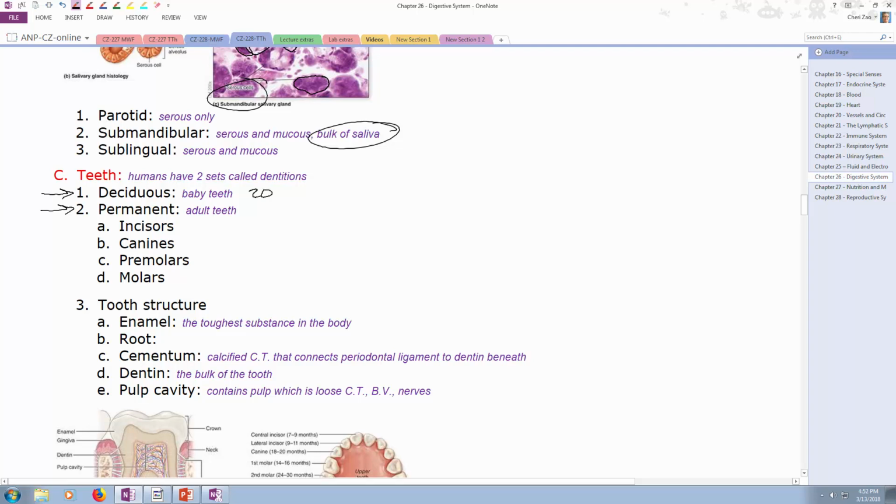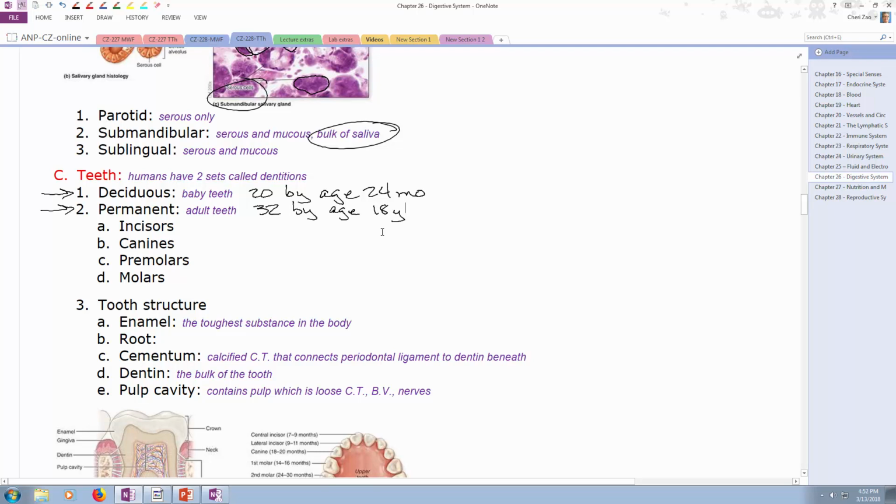You have 20 by age 24 months for your deciduous or baby teeth. That's the most common number. Permanent teeth, you typically will have 32 by age 18 years. So you obviously have more, and your mouth is obviously bigger and can handle the larger load, so to speak. There's always some variation. Nobody fits everything perfect, but this is a generalization that you can actually use.